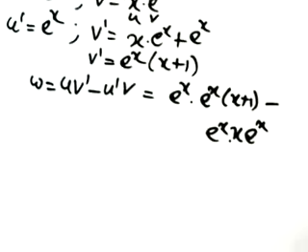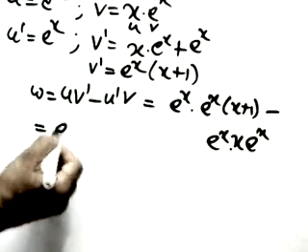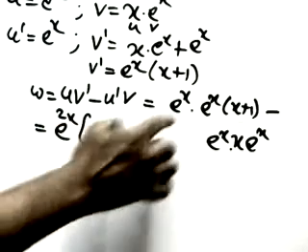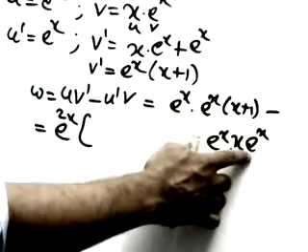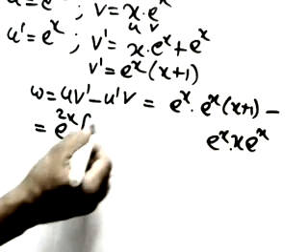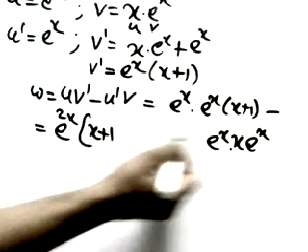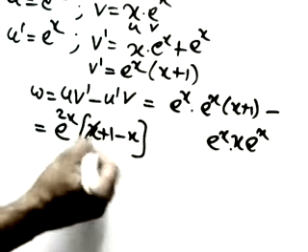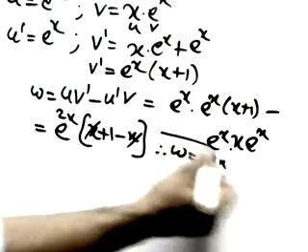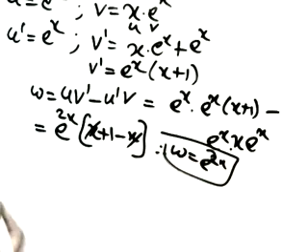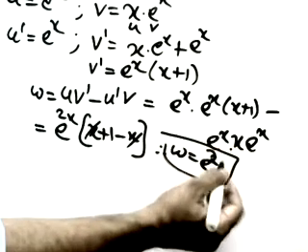Here e power x into e power x will be e power 2x. So let me take e power 2x common from both. What is left is (x plus 1) minus x, where x gets cancelled. Therefore, W equals e power 2x.